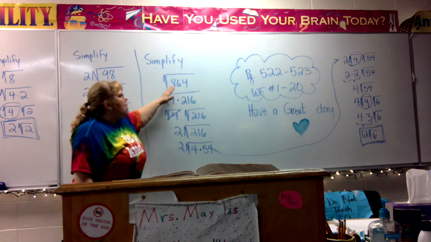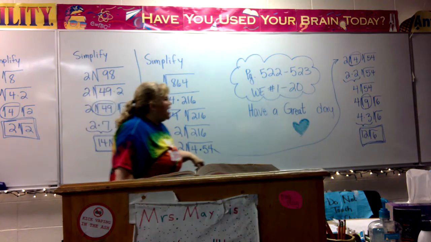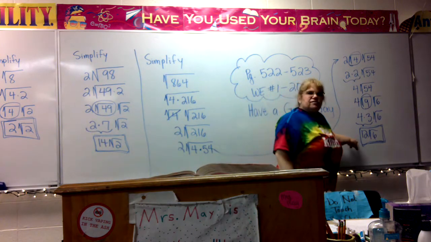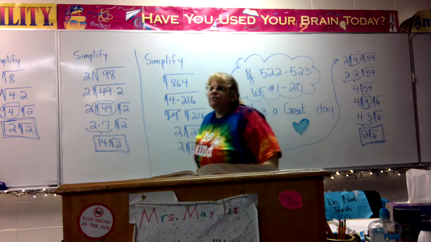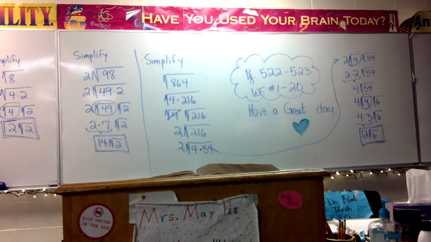There are probably a bunch of ways to get from here, simplifying, to this answer. Which one of them is right? They all are. As long as you show your work, I don't care what factors you use.